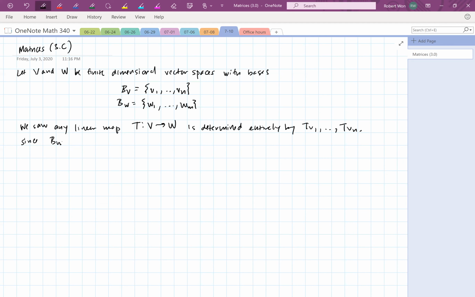since BW is a basis of W, for each of these TVIs, we can write them as a linear combination of the W's. We can write each TVI, and it's unique because they're a basis, uniquely as a linear combination of the W's.